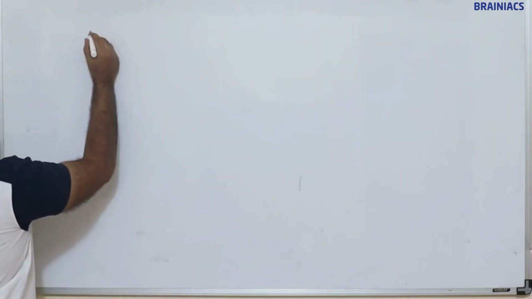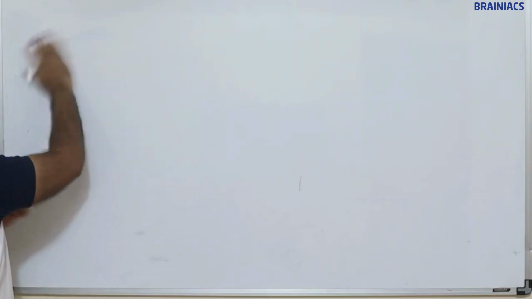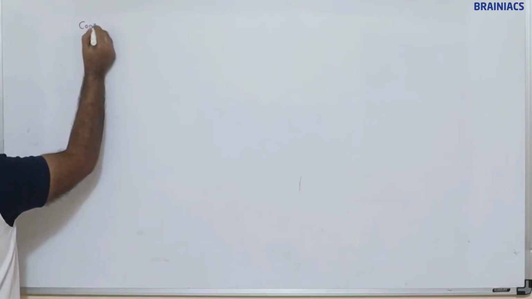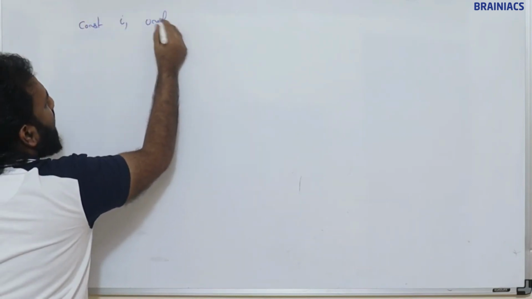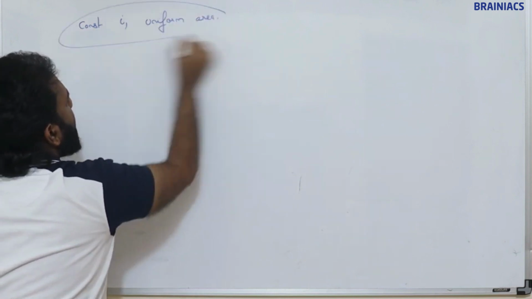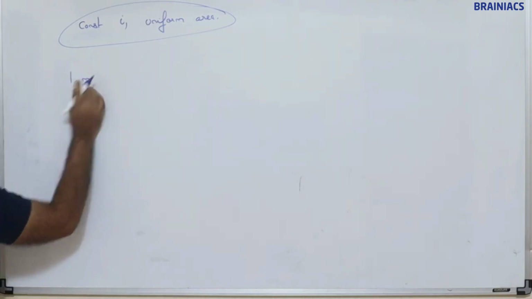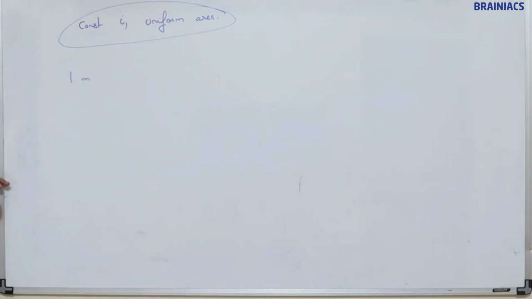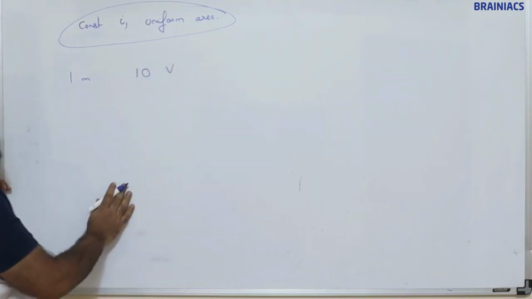Now suppose we consider 1 meter length of wire, with constant current and uniform area. This condition must be there. Suppose we take 1 meter length and measure, we got 10 volt.